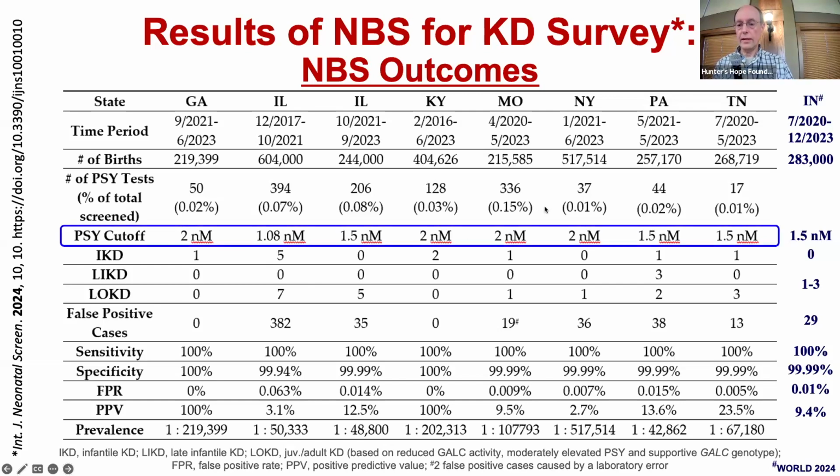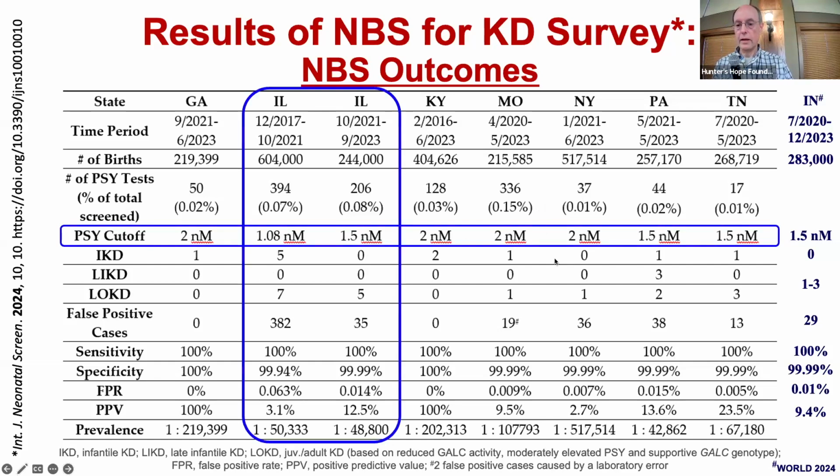If you look at the cutoffs that are used, you can see there are different cutoffs used in different states. And if you look at Illinois in particular, where they raised their cutoff, you can see that the false positive rate quickly went down when they raised the cutoff for psychosine. So it certainly makes a difference. And you can see that there are no false positives in those states that rely solely on psychosine.